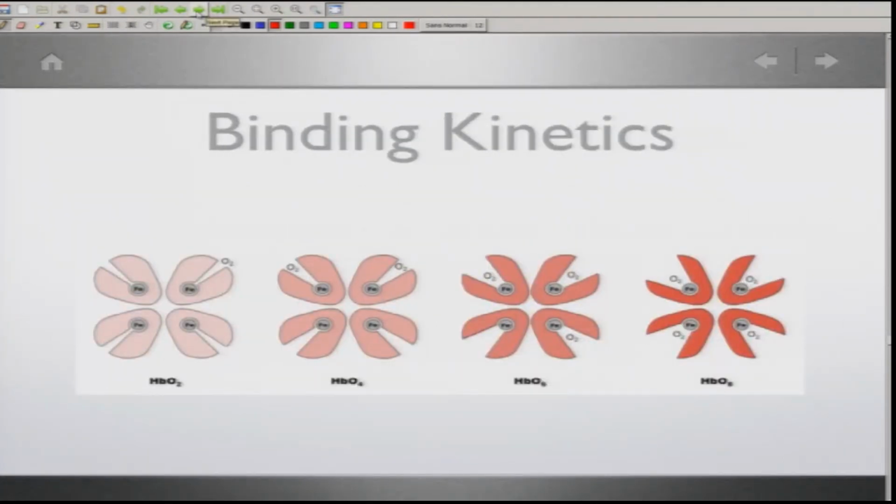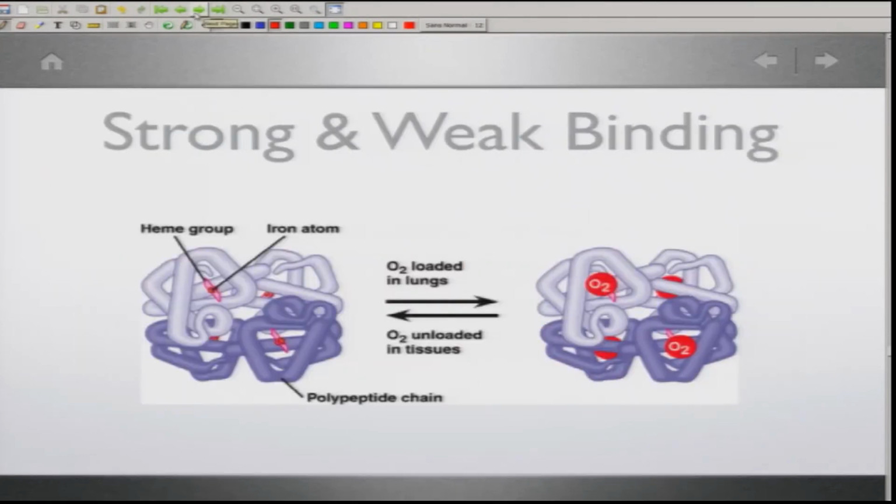Now, the binding kinetics is something like this on each unit. If you see, there are 4 oxygens getting bound to the hemoglobin, and this binding is not a very strong or a weak binding. When it is out here, it is loaded, and then at different partial pressures of oxygen, it is detached from this molecule.